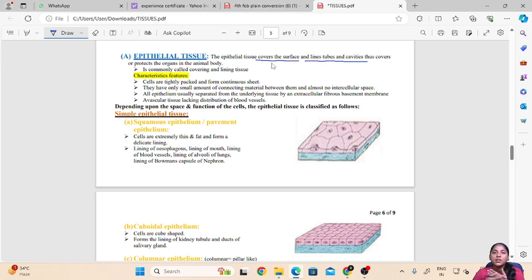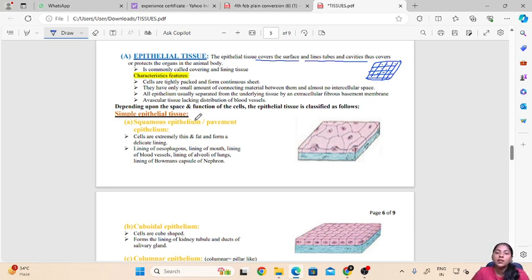Now as we can see, for example, skin is an example of epithelial tissue, and in this all the cells are very tightly packed and they are in continuous sheet-like form. So all these cells will be continuous and there will be very little to no spaces. Then they have only a small amount of connecting material between them and almost no intercellular space.